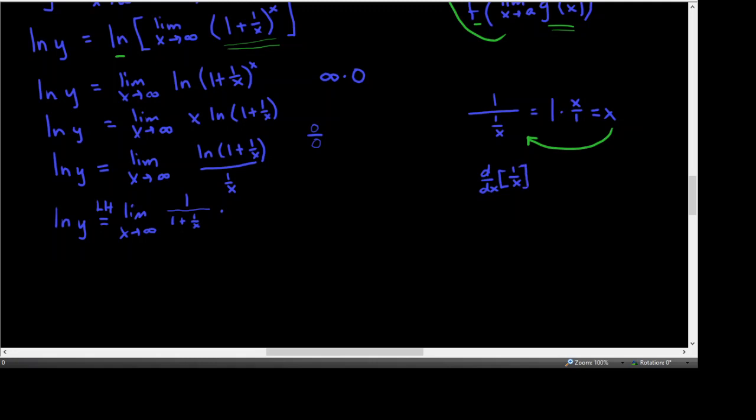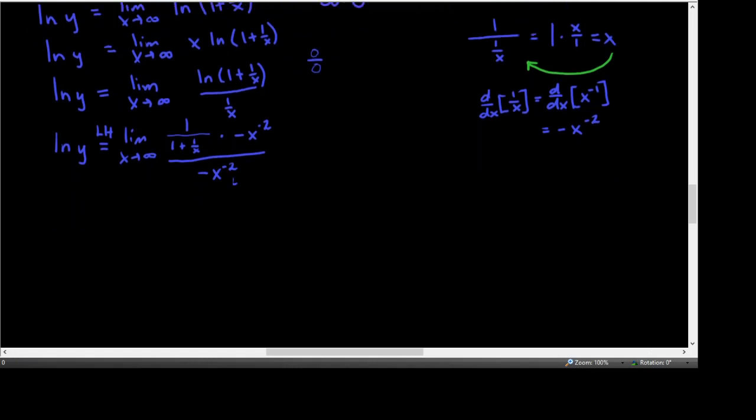is the same thing as the derivative of x to the negative 1. And the derivative of that power is the coefficient negative 1 times x to the reduced by 1 power. So times negative x to the negative 2. Divided by the derivative of the denominator, and the derivative of 1 over x is the same as what we just got, negative x to the negative 2.